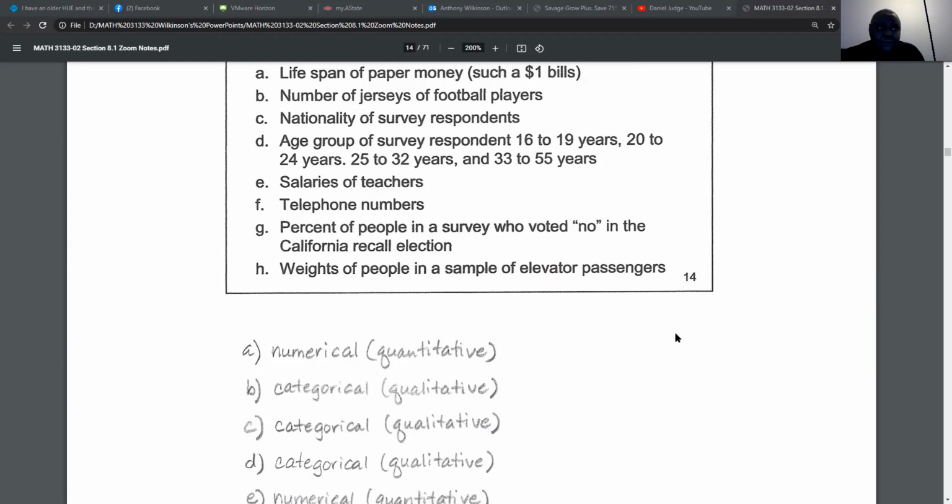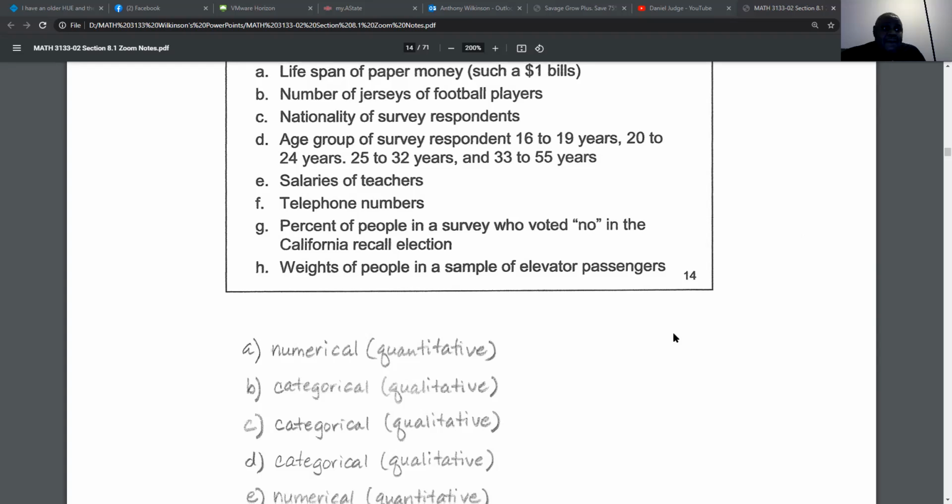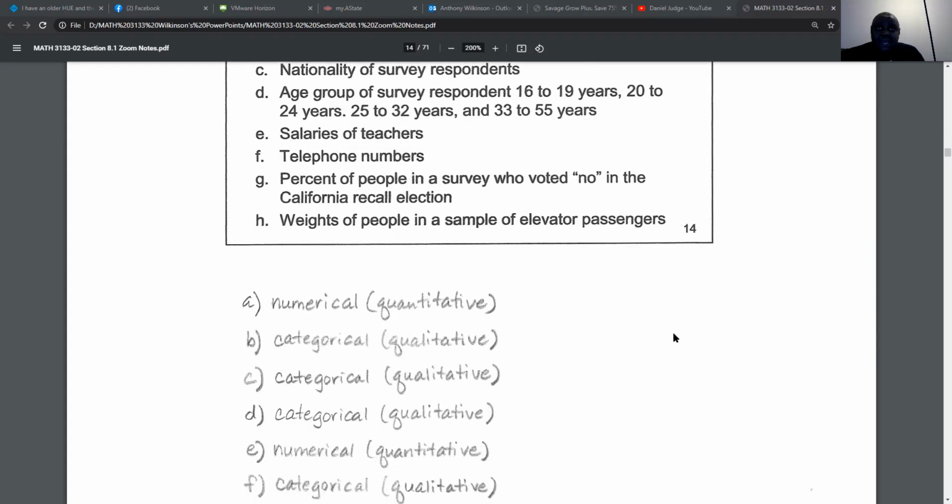So it's a categorical variable. Part E, salary of teachers. Well, salary is a number, money amount. So that's a quantitative or numerical variable.